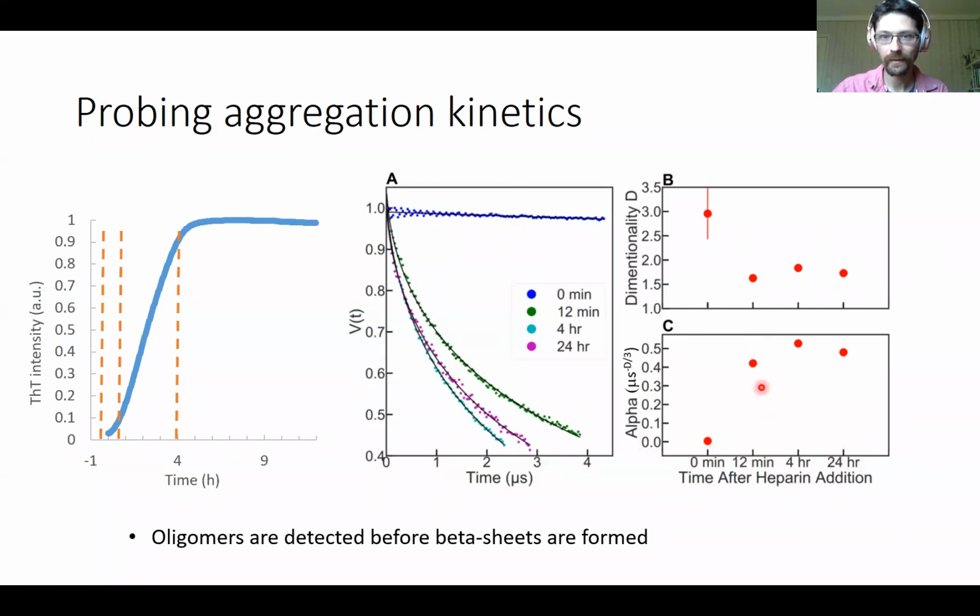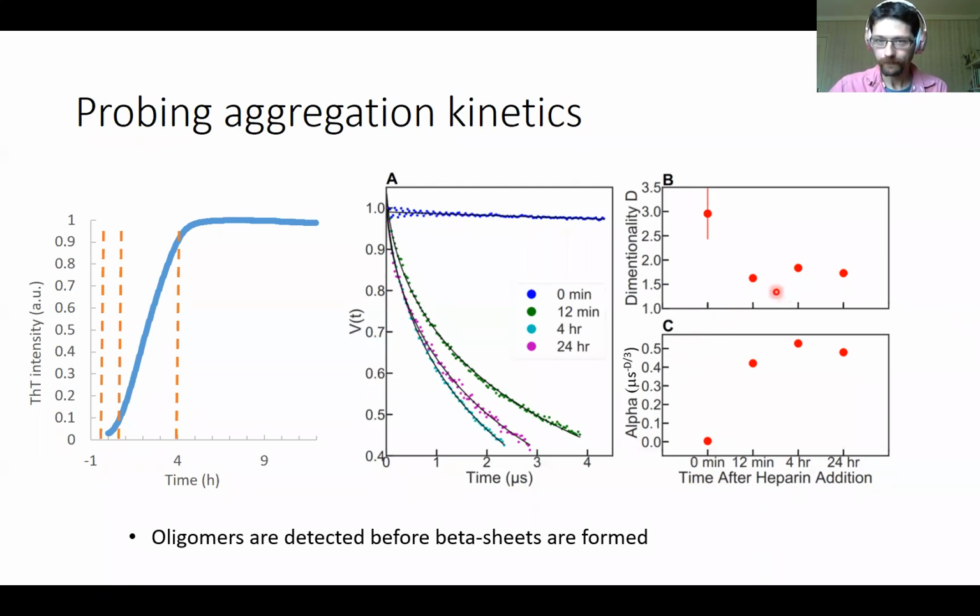What that means is that you actually have oligomers pretty tight together that are already formed at 12 minutes, although the ThC activity was still pretty low. So I think that's also a pretty interesting application of this.